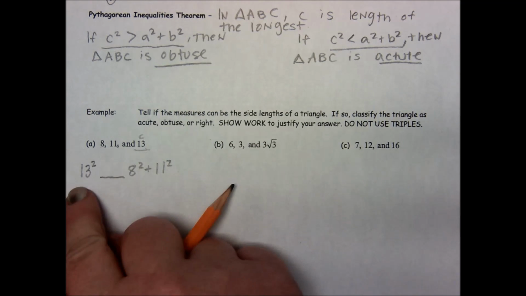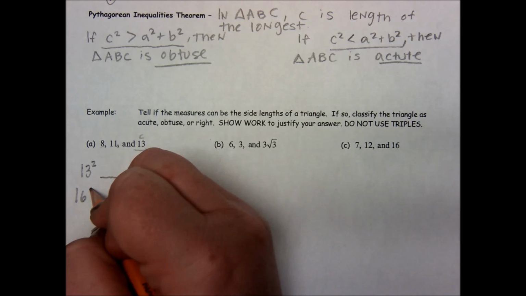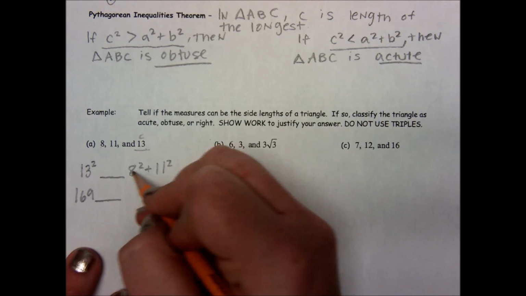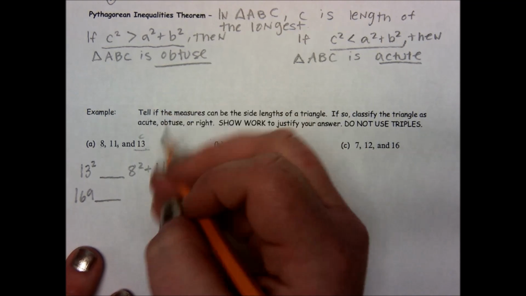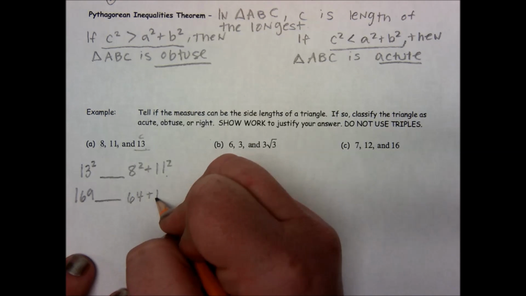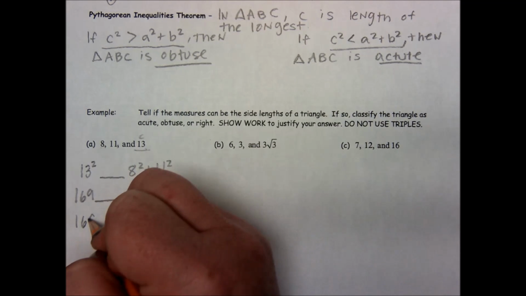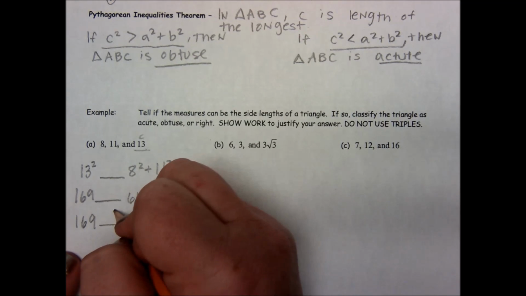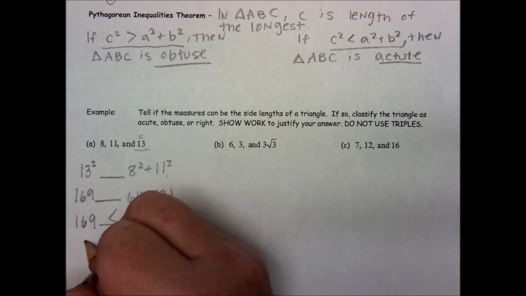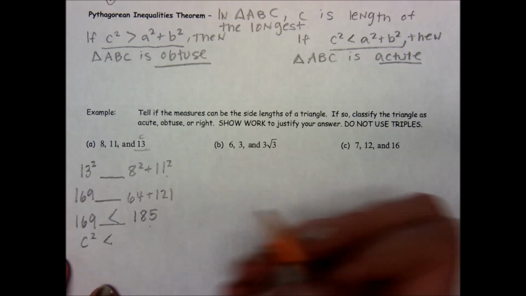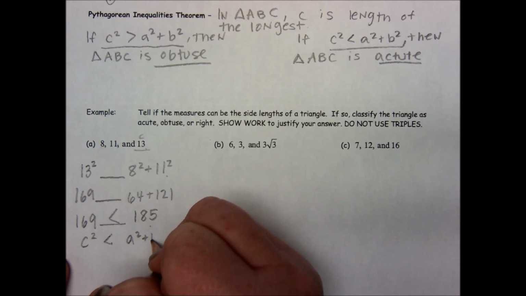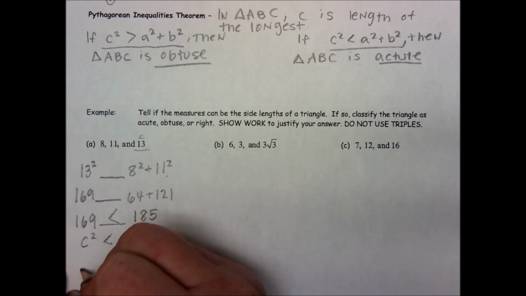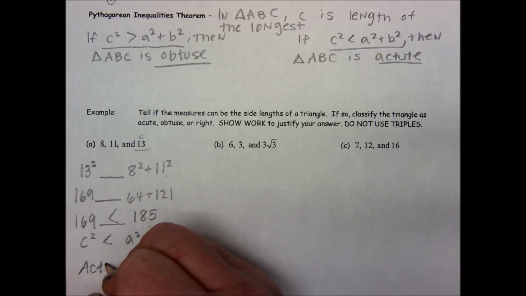Well, 13 squared is 169, and then 8 squared plus 11 squared would be, let's see, 64 plus 121, which would give me 185. So in this case, 185 is greater than. So c squared is less than a squared plus b squared. So that means that this is an acute triangle.